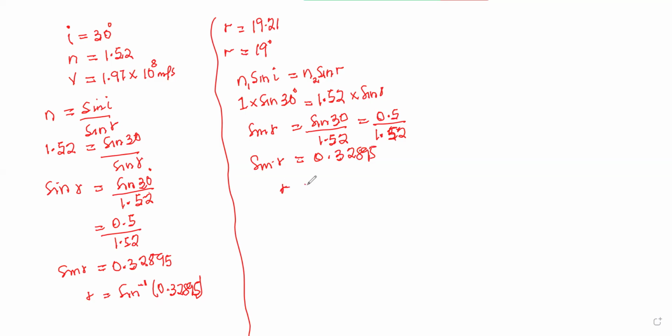Therefore, R is equal to the sine inverse of 0.32895, and R is equal to 19 degrees. So these are the various ways to go about the problem. Any question?